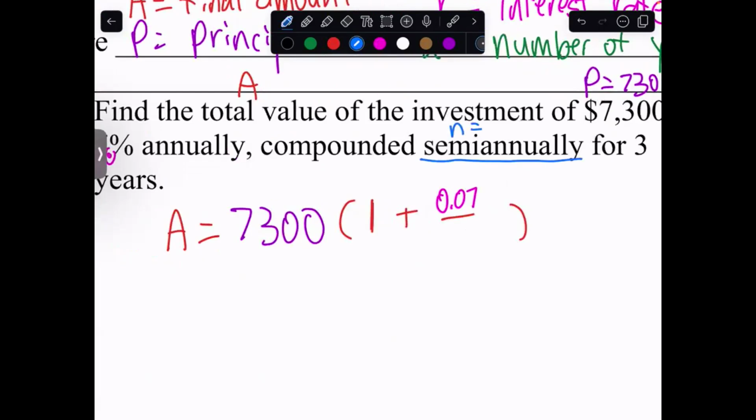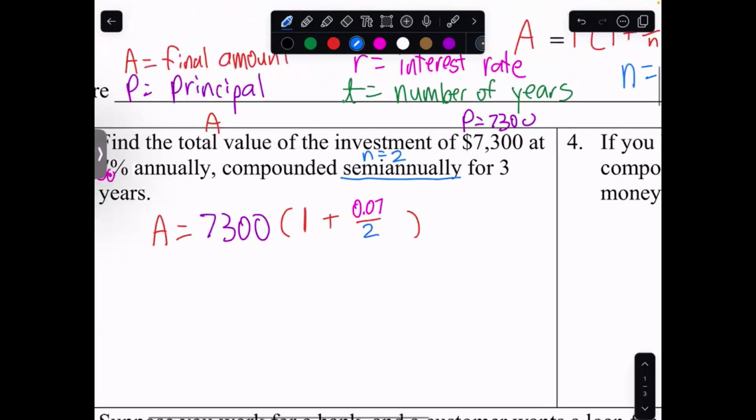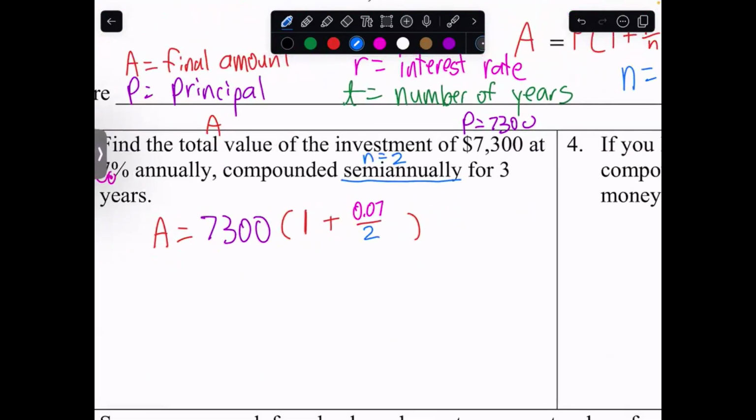Semi-annually would mean in a full year it happens twice. So whenever you see the word semi-annual or semi-annually, that tells you that n is 2. Maybe you guys have heard of a semicircle, right? It takes 2 semicircles to make a full circle.